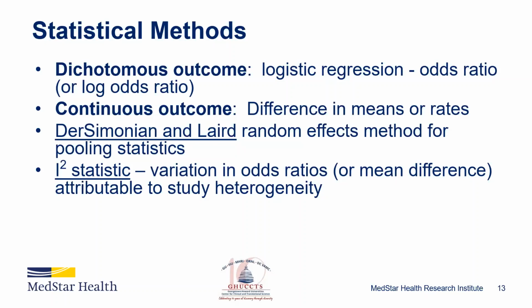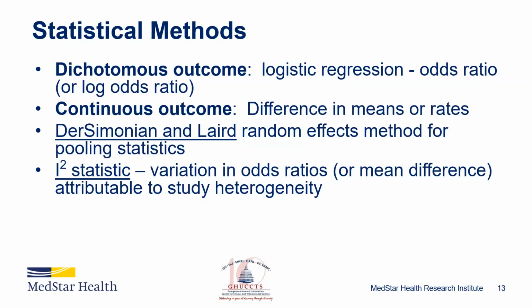In other words, we're pooling the statistics of each study in our meta-analysis, and we want to come up with an overall or pooled statistic that tells us what the true effect is.